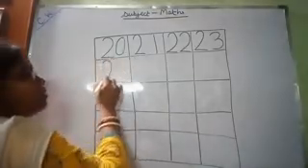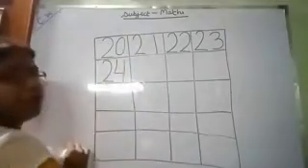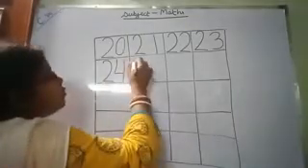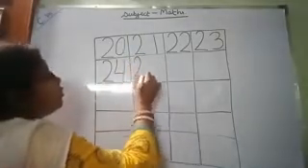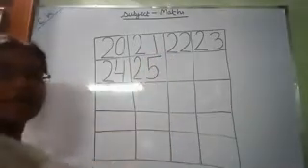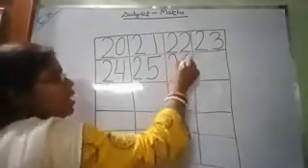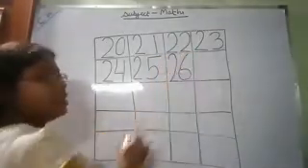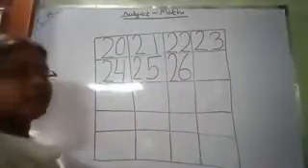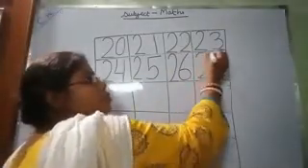Then 2, 4, 24. After 24, 2, 5, 25. Then 2, 6, 26.